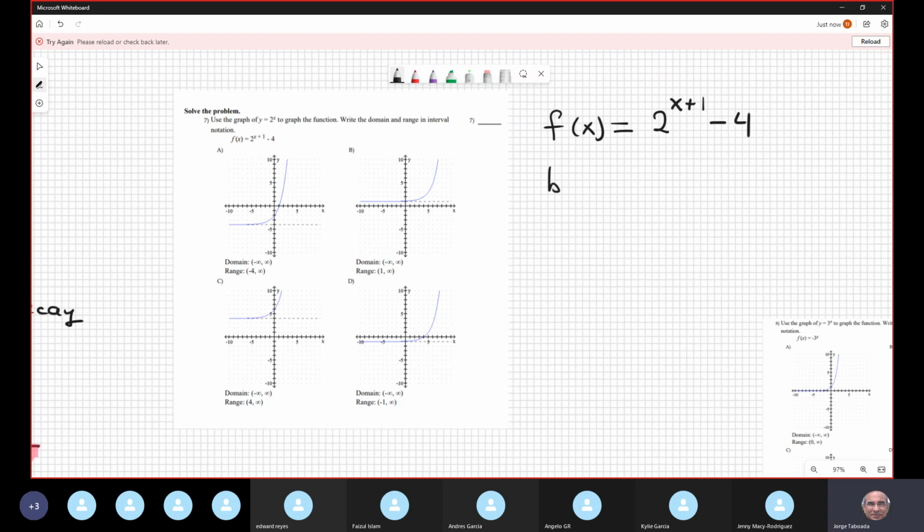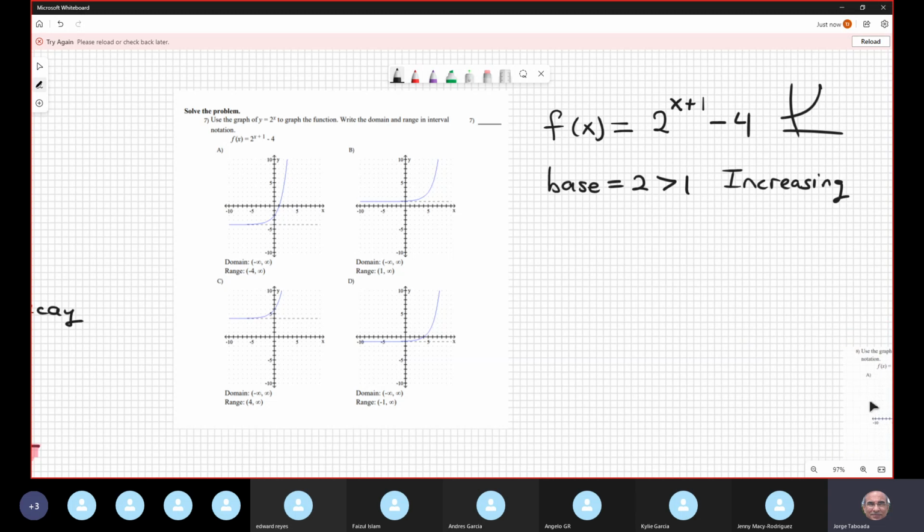Okay, the base is 2, and 2 is greater than 1. Therefore, it's increasing. So my exponential looks like that, never like that, never down. But every option that we have is increasing, so this is not a clue to differentiate.